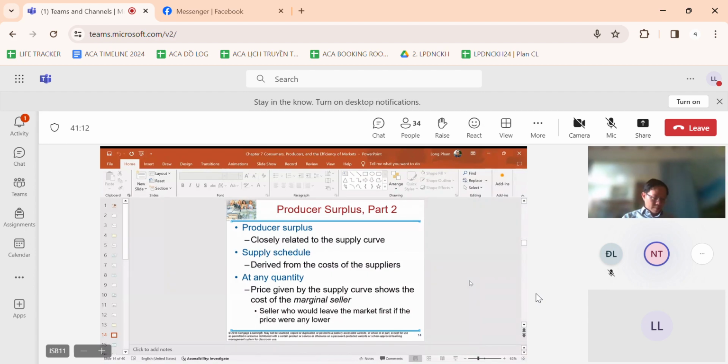Just as consumer surplus is closely related to the demand curve, producer surplus is closely related to the supply curve, and it is described by the supply schedule, which is derived from the costs of suppliers.